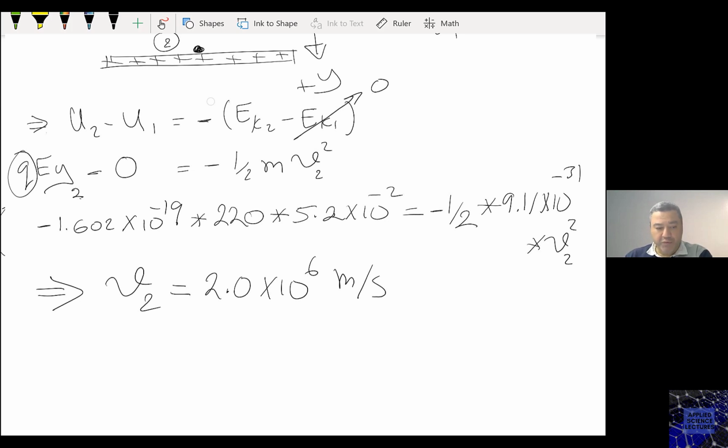If you rearrange the equation and solve for V2, then V2 becomes 2.0 times 10 to the power 6 meters per second.